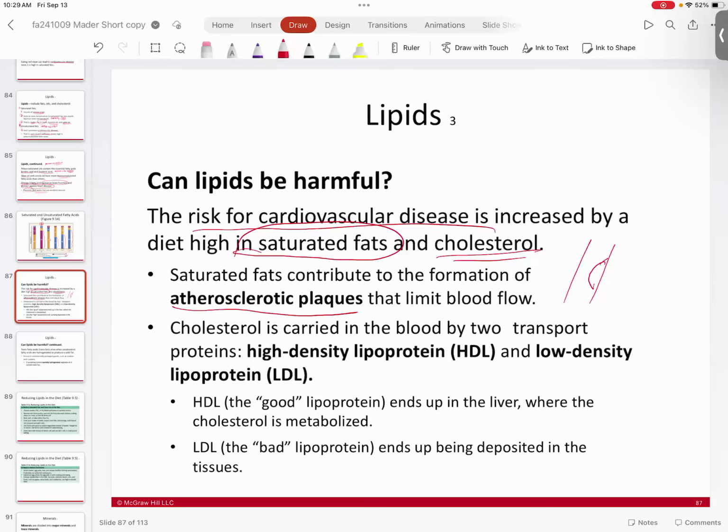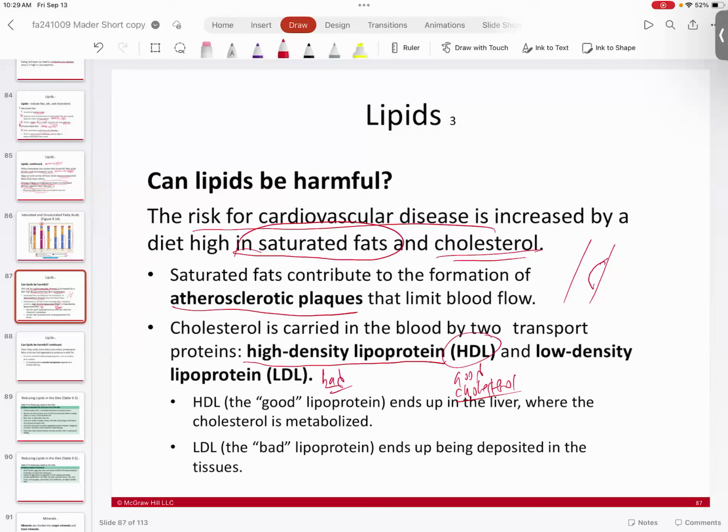Cholesterol typically is going to be carried by two different transport proteins. One that's called a high density lipoprotein, HDL. This is the good cholesterol. When you do a lipid panel at the doctor's office, this is the one they measure as good cholesterol. And then low density lipoprotein, LDL, right? This is the bad cholesterol.